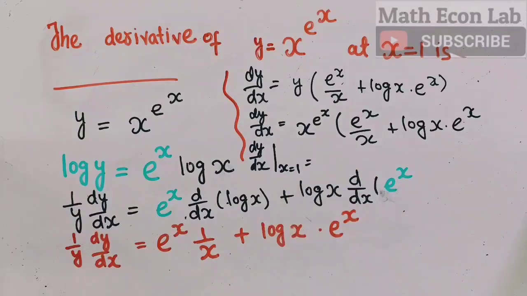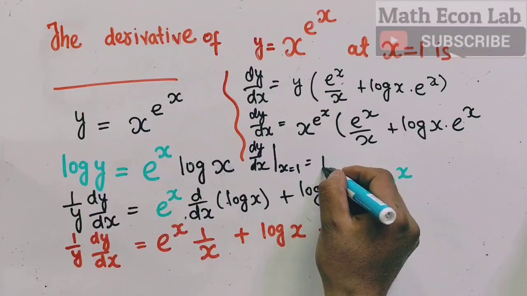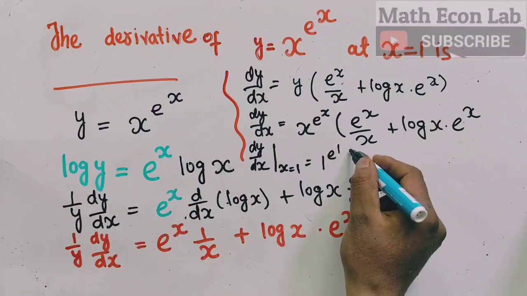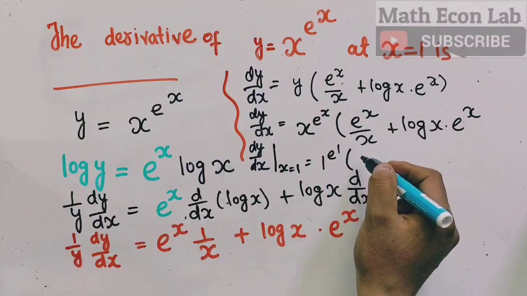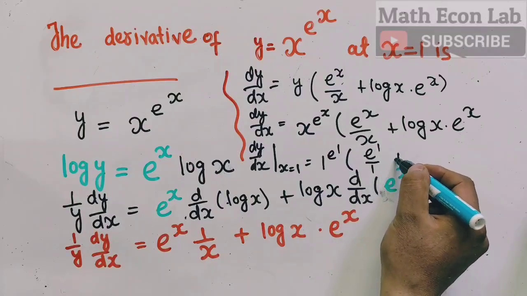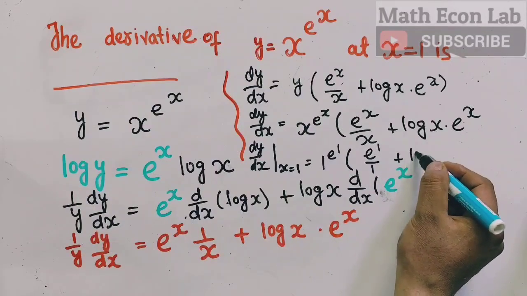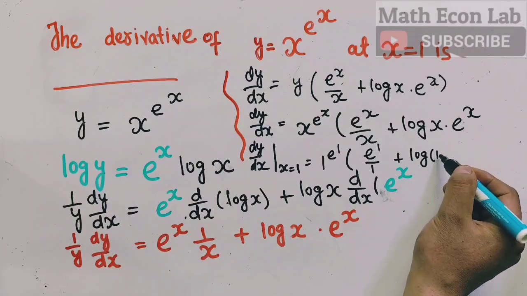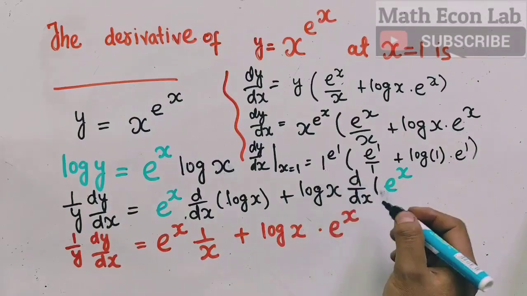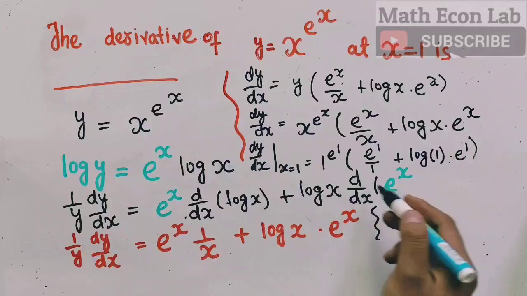Plug the value x is equal to 1 here. So we have 1 raised to the power e raised to the power 1, times e raised to the power 1 divided by 1 plus log of 1 times e raised to the power 1. So 1 raised to the power anything is 1.